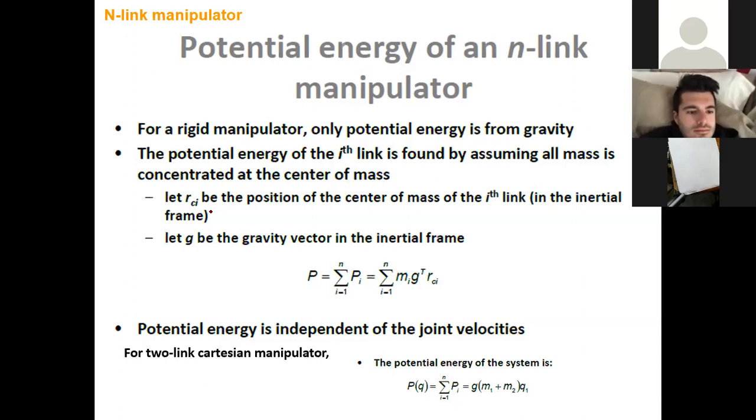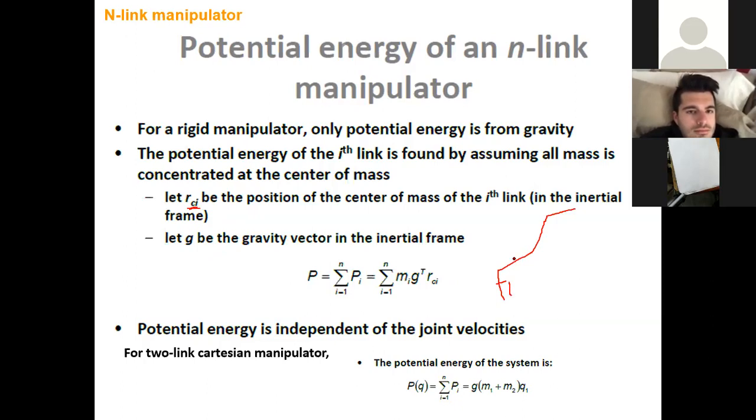Now, if you have an n-link robot, then we have to talk about the position of each link. Suppose the position of this link, this link, this link. So what is the height of this link? This is the height. This is RC1. See that RC1? This is i. So RCi with i equals 1.